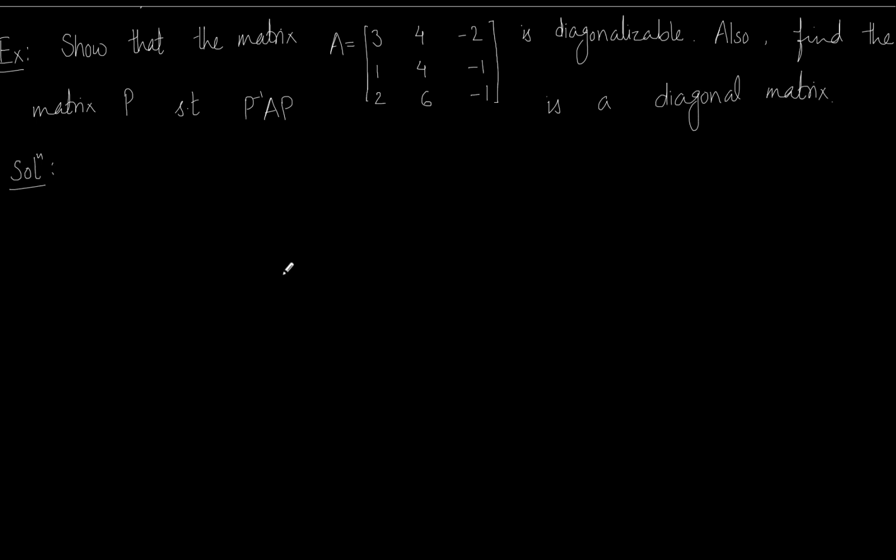So for the matrix A, we have eigenvalues as 1, 2, and 3.